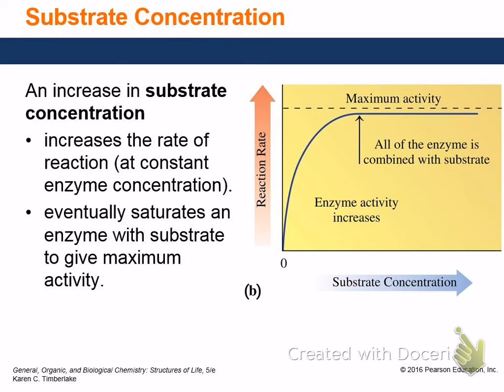Well, I think I'm going to have to make a new graph for this. Okay, so let's say my enzyme is going to be a square. Okay, so there's my enzyme, and then I have substrate, and so when the substrate goes through here at very low substrate concentrations, the enzyme can keep up.